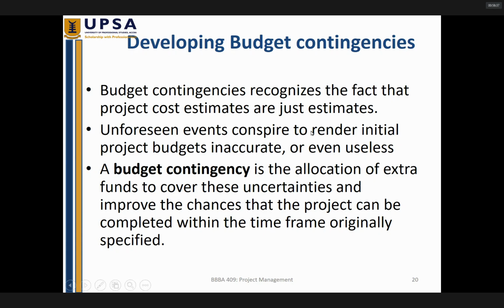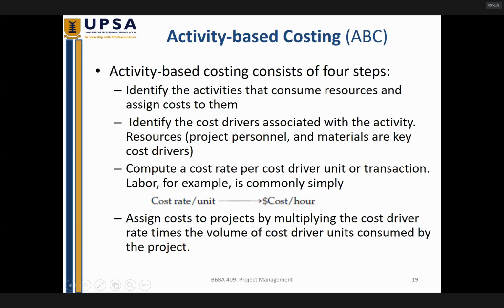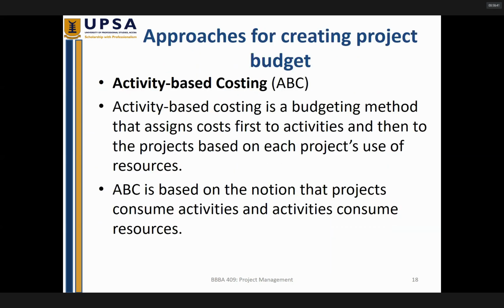The activity-based costing works on the principle that the project consumes activities and activities consume resources. In other words, the entire project to be executed consists of individual activities, and every activity is a cost center.